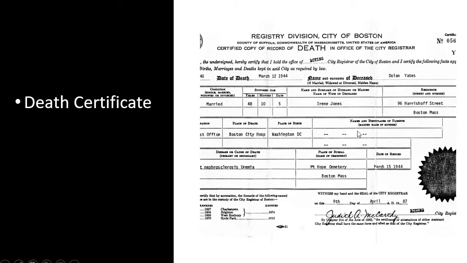It doesn't list his family members, his mother, father, because we don't know who that is, but it does list Mount Hope Cemetery. And that's where he is buried with my grandmother, Irene Yates. His date of death is March 15th, 1944. So he died 2 years after I was born.